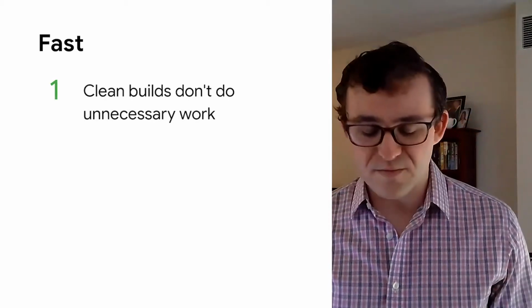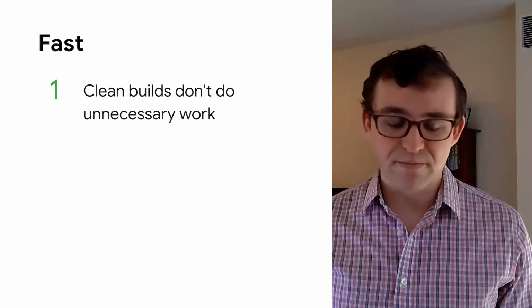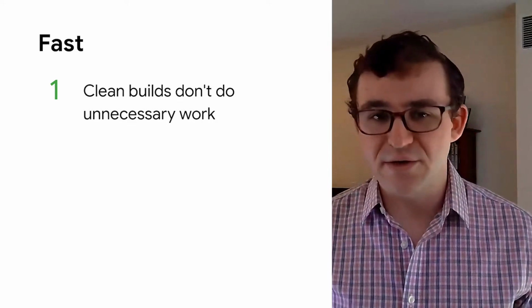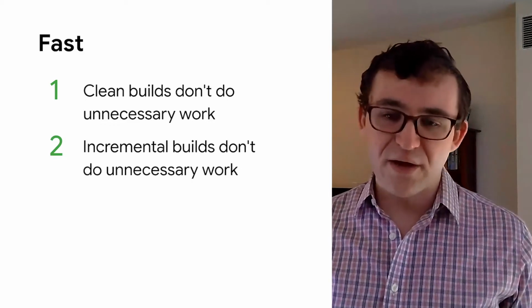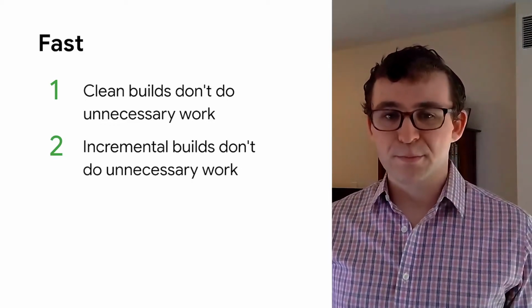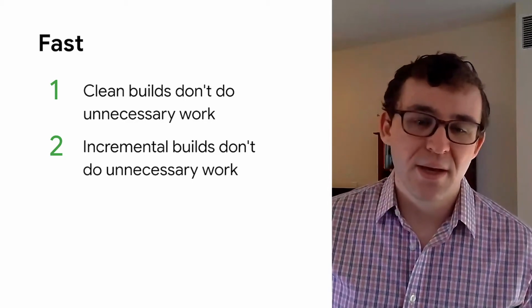So what does it mean for a build to be fast? Well, when you do a clean build, you download the source code for the first time and run build for the first time. You don't want to do any unnecessary work. And similarly, when you change a single source file and run build again, you still don't want to do any unnecessary work.